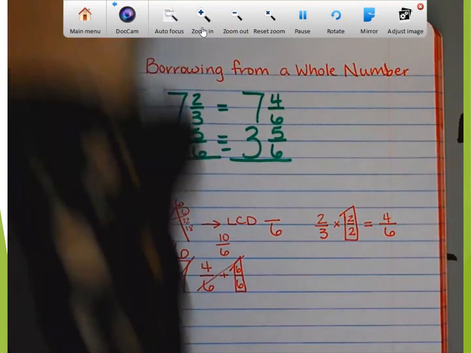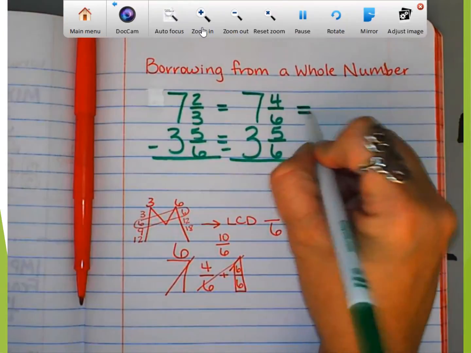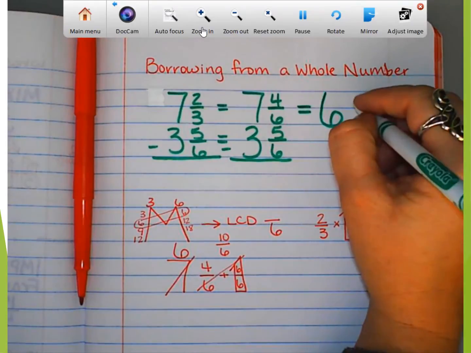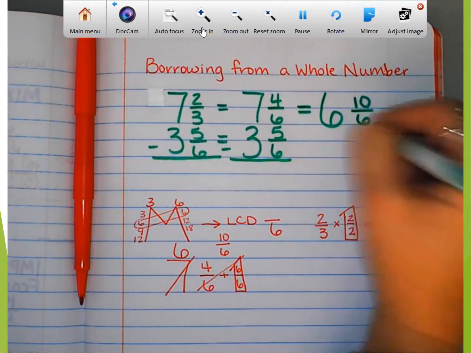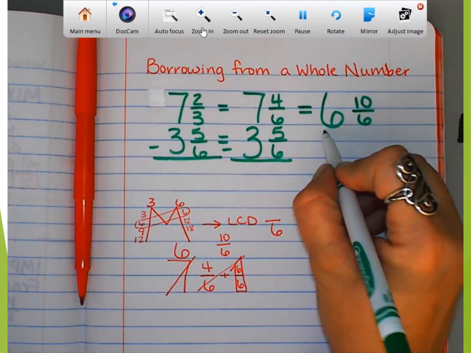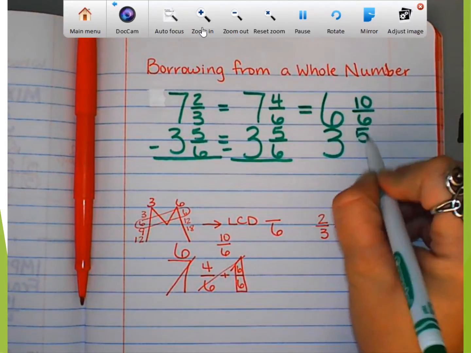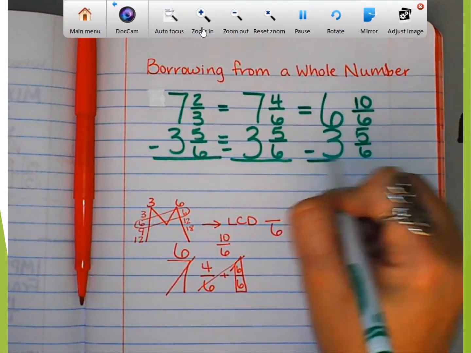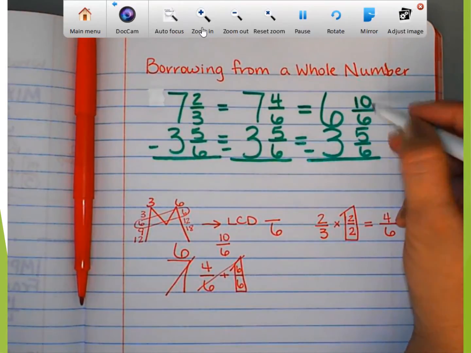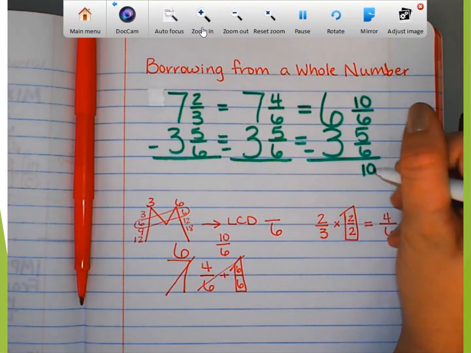So now we're going to come up here. This is going to equal 6 and 10/6 from our work down here. We're going to subtract 3 and 5/6. 10 minus 5 is 10 over 6.